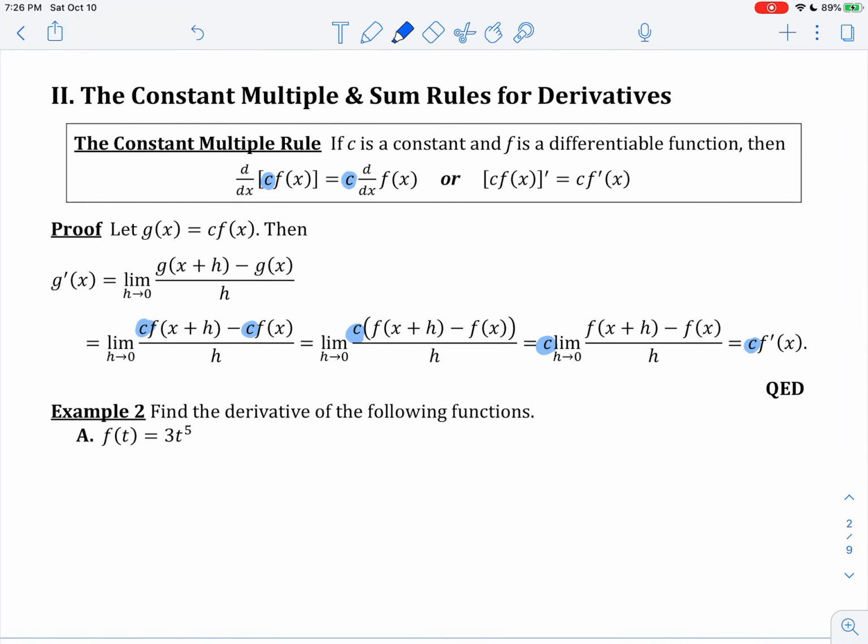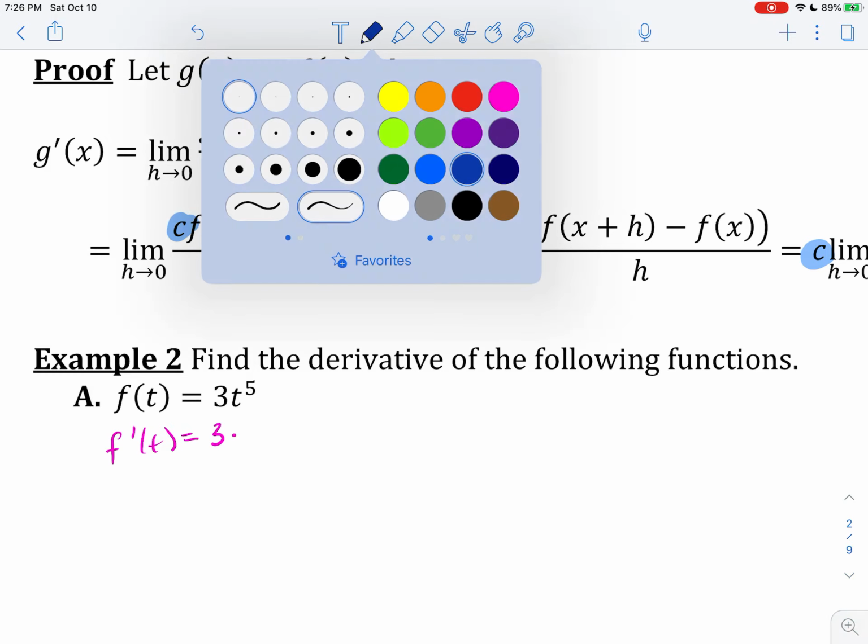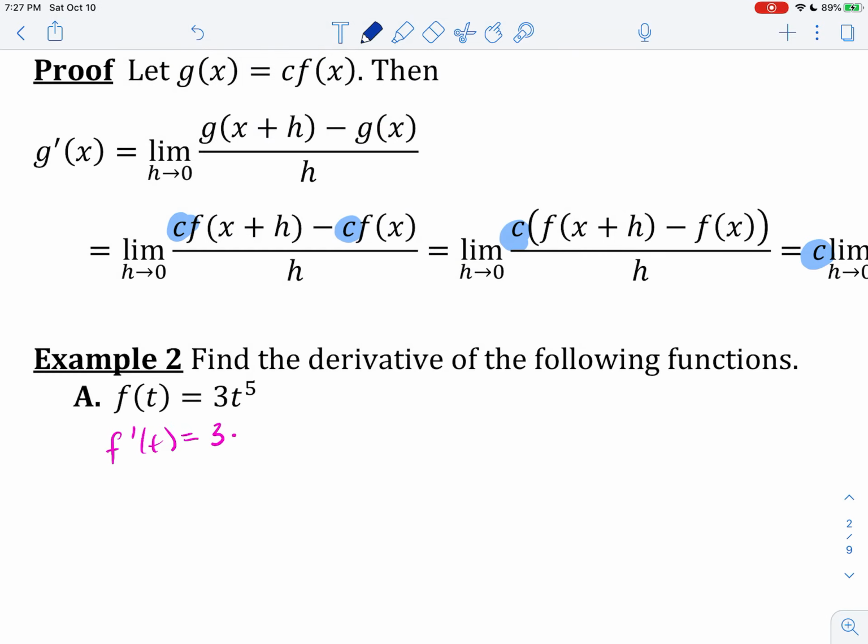So we can extend our power rule to include monomials or even polynomials. So here, in taking our f prime of t, we still have the 3, and then I'm just going to take the derivative of t to the 5th, and remember that's t to a number. We can take the exponent down, and then we subtract 1.